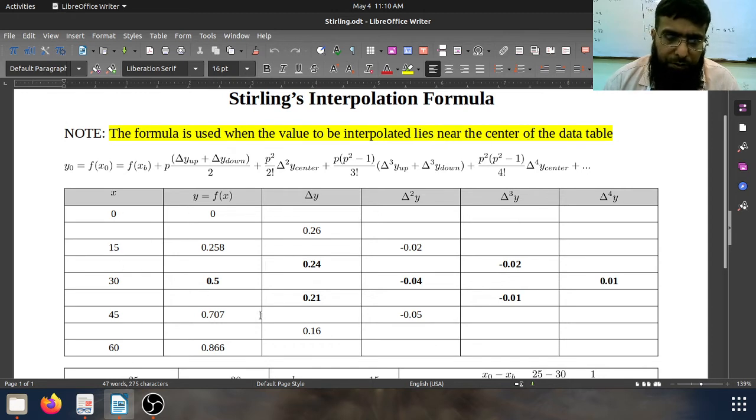This is the data table, the same table we have been drawing when we studied Newton's methods. The formula is very simple.